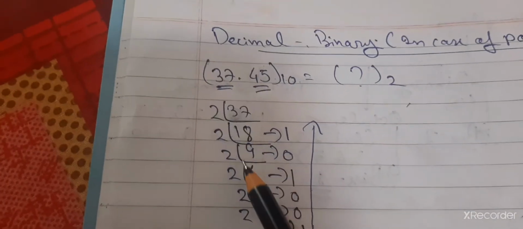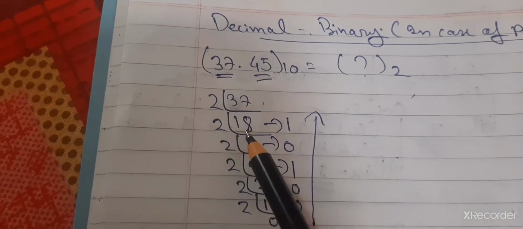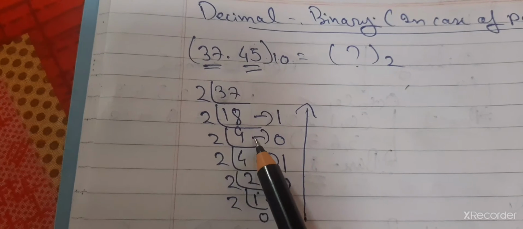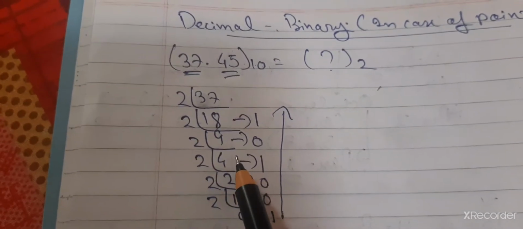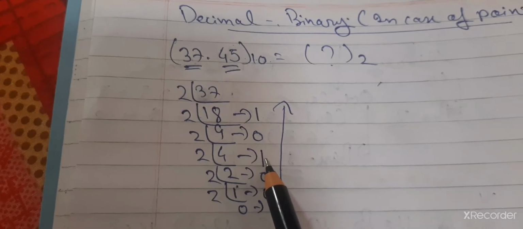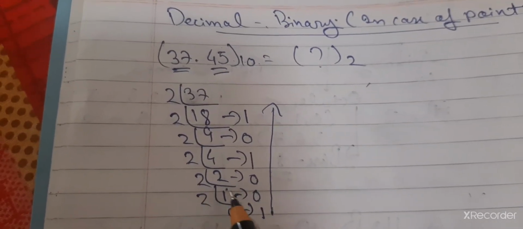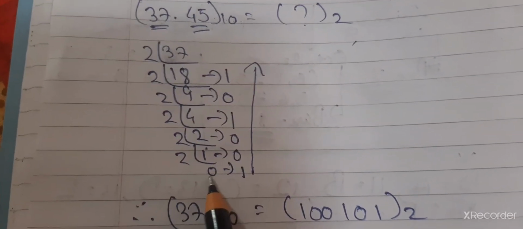So 37 again solved by dividing by 2. 2 18s are 36, remainder goes 1. 2 9s are 18, remainder goes 0. 2 4s are 8, remainder goes 1. 2 2s are 4, remainder goes 0. 2 1s are 2, remainder goes 0. 2 zeros are 0, remainder goes 1.